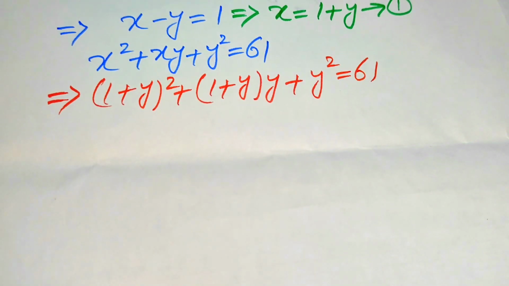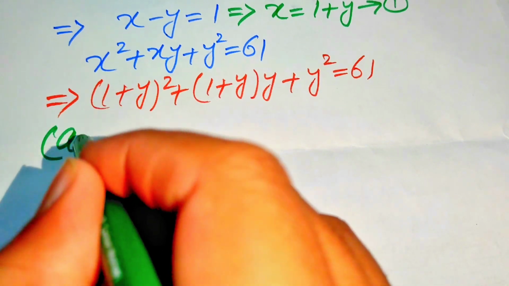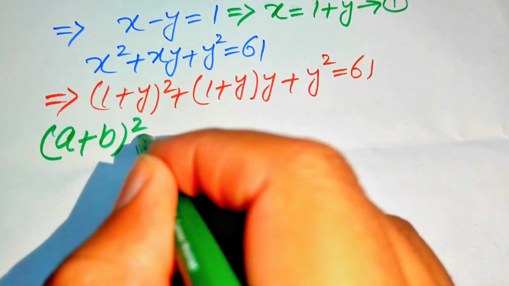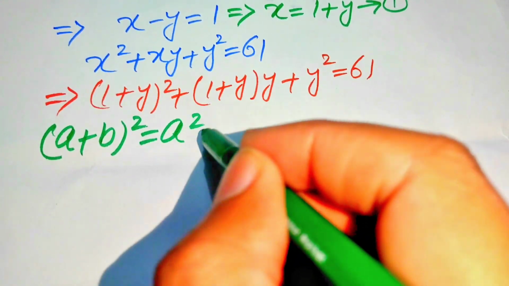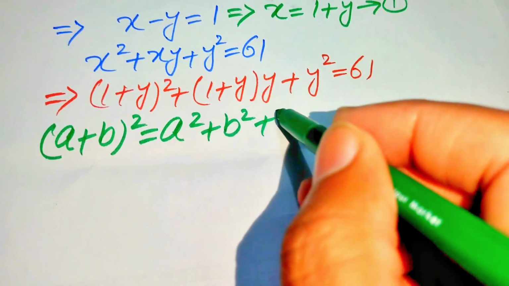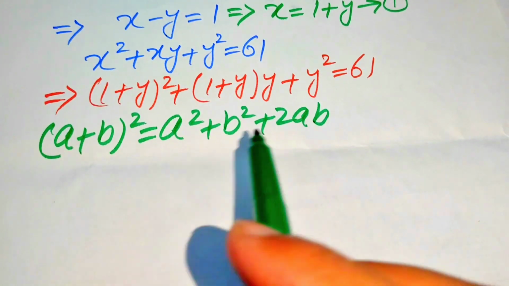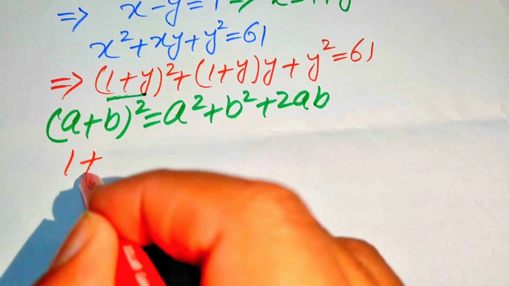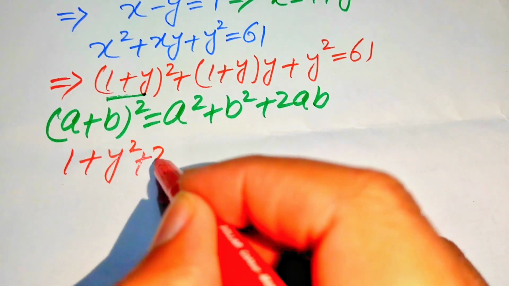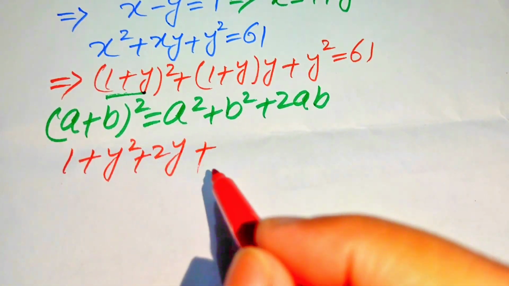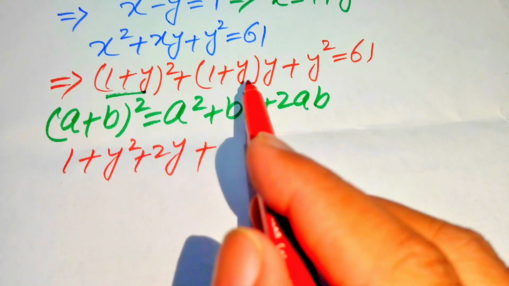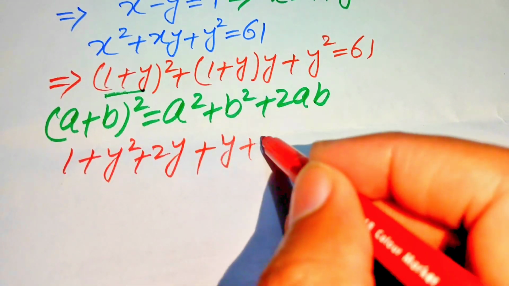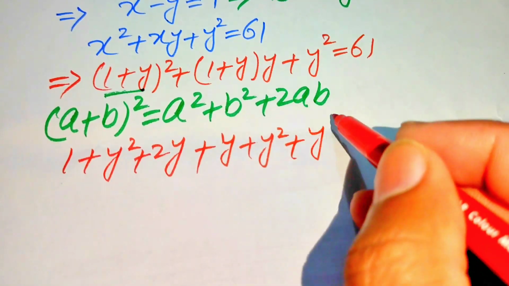Here we again use the nice square identity: if we have (a plus b) whole square, it equals a squared plus b squared plus 2ab. We use this formula on the first term, and it is written as 1 square plus y square plus 2 times y. Then we multiply y on both of the other terms, and it becomes y plus y square, and plus y square.